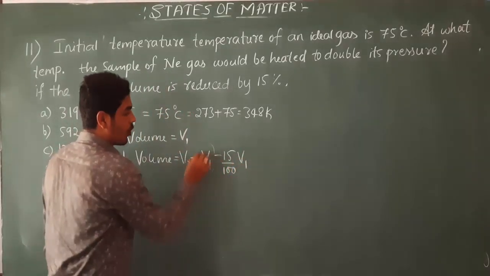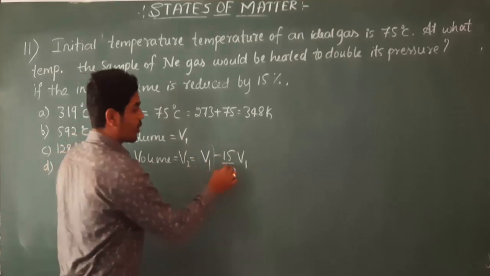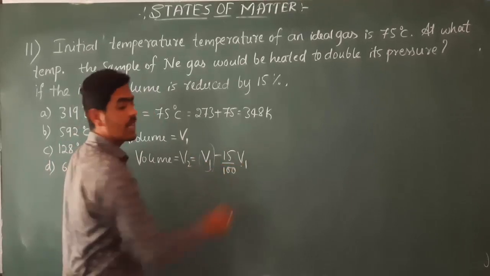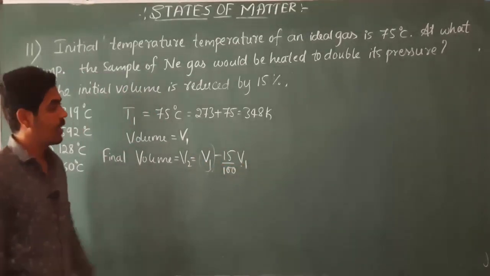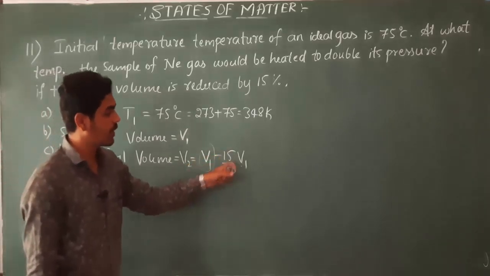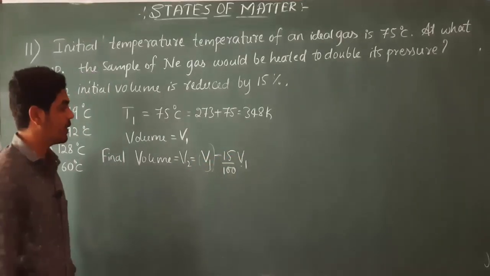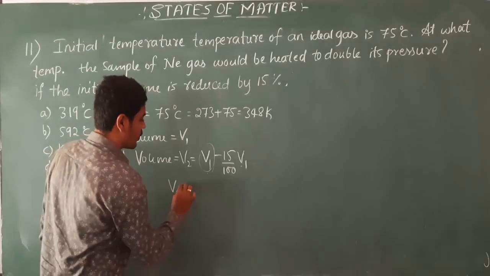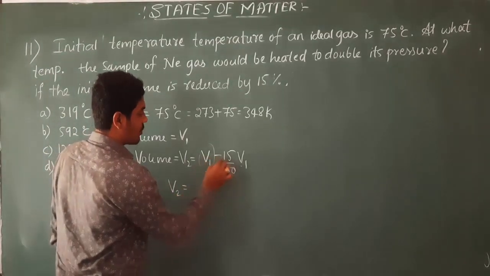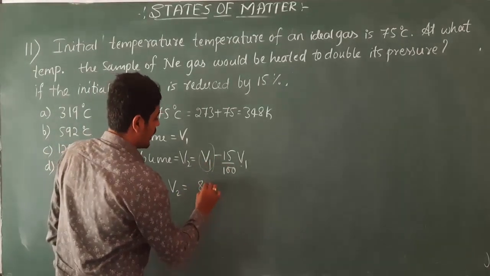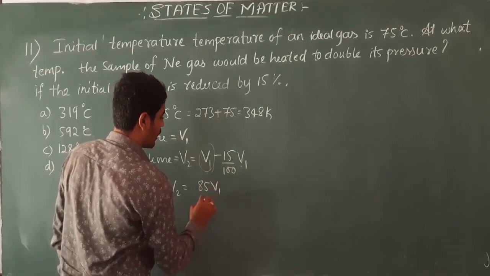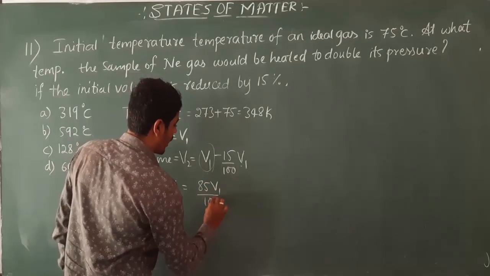This is the initial volume, and from this initial volume 15% is reduced. So I will write V1 minus 15 divided by 100 into V1. Simplify this, what will you get? 100 minus 15, that gives 85 V1 divided by 100.